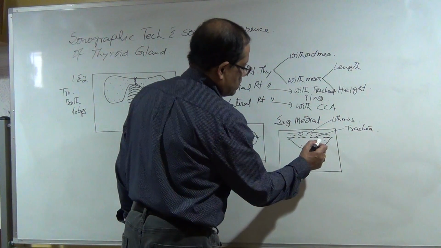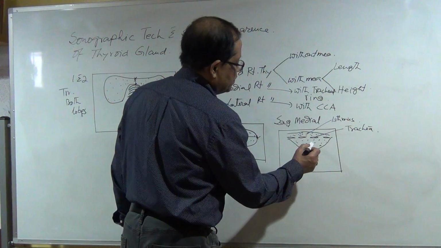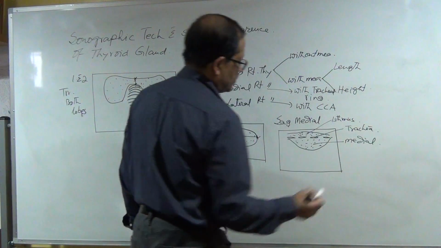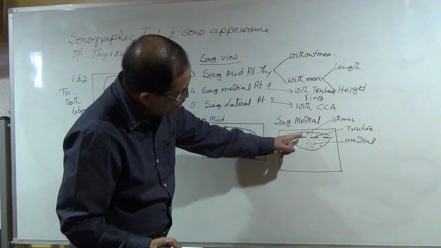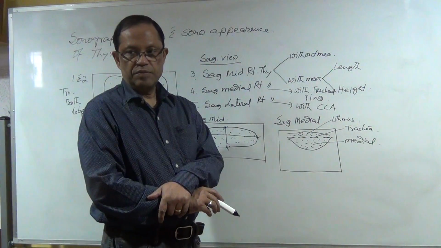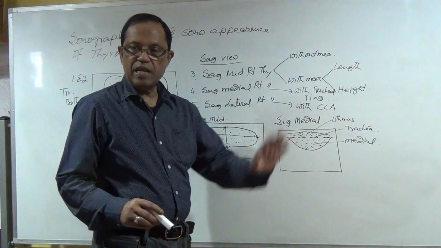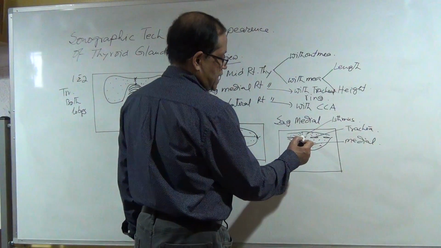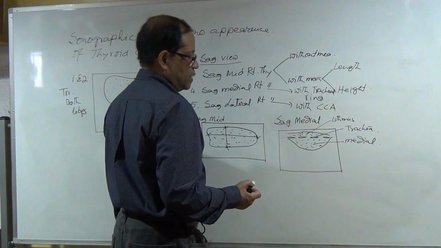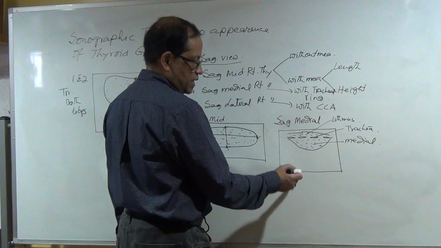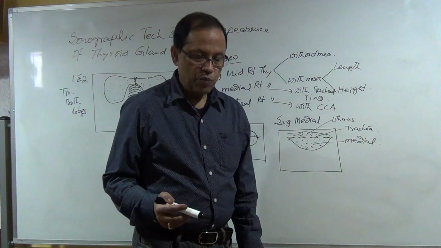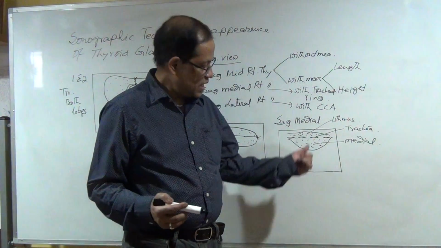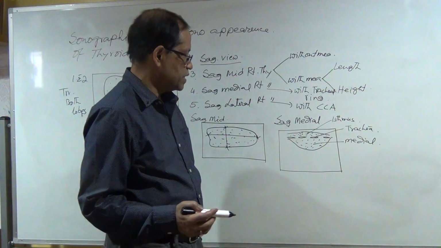And this is medial. To get the medial, you don't need to get the tracheal. But if it comes automatically with the medial, keep it. But usually we don't take the isthmus with the medial. But there are some protocols where they want to see the isthmus in sagittal view. So that's the way you will see the isthmus here.